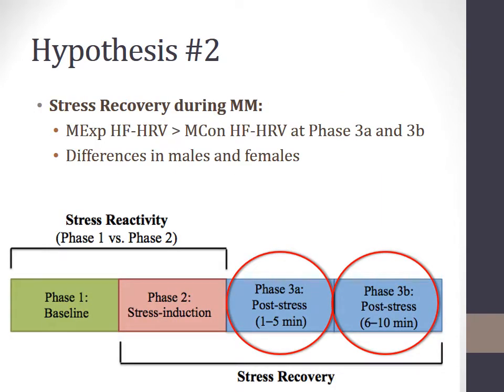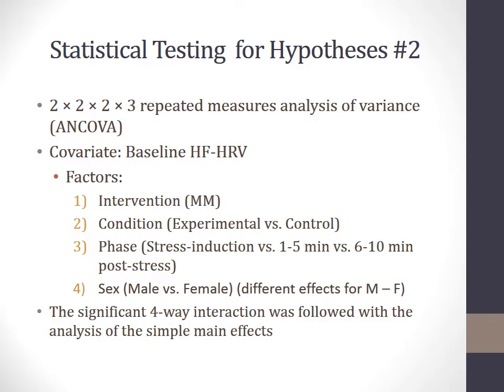So this slide is just reiterating that the key hypothesis is to say that the experimental heart rate would be better than the heart rate variability in the control condition, and that these differences would be noticeable in both males and females. So I'm going to gloss over the statistical processes here.